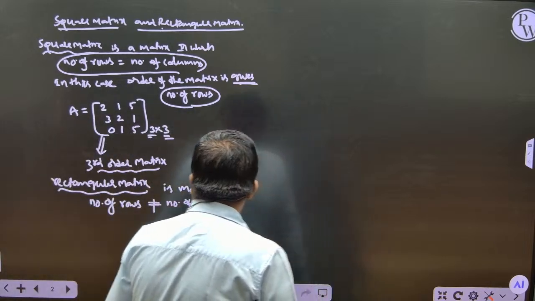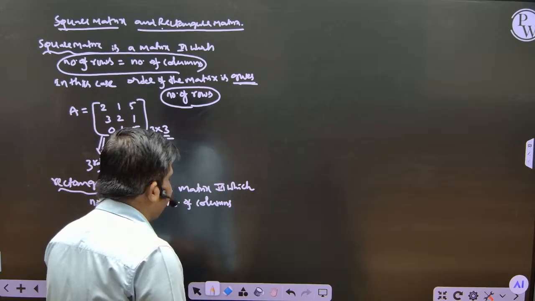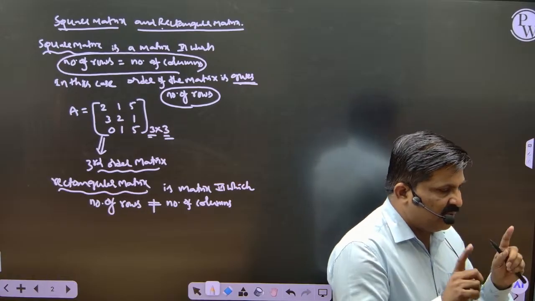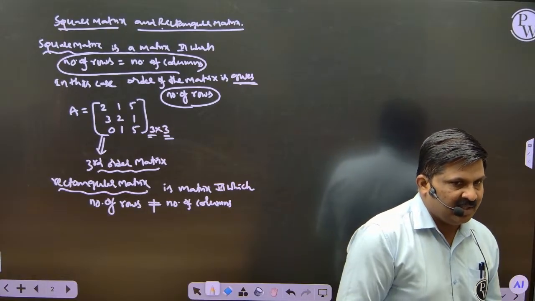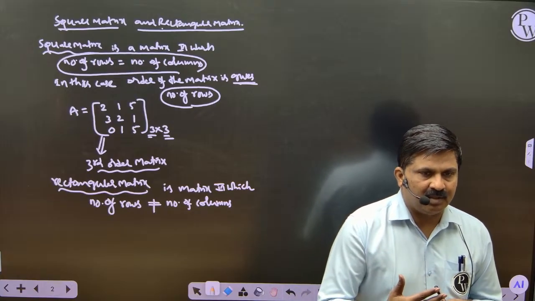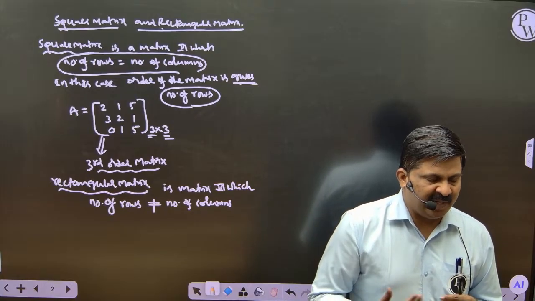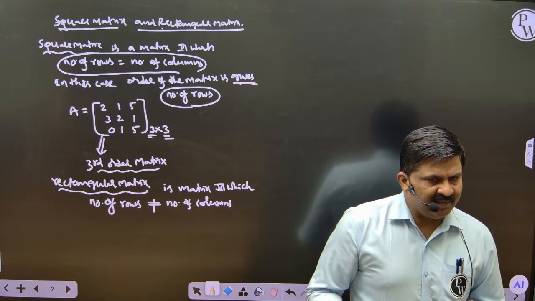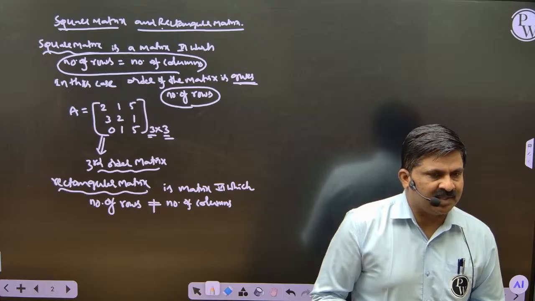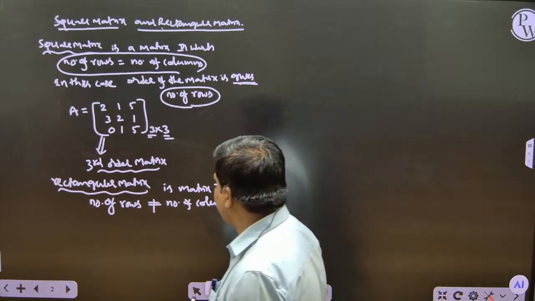Rows and columns are not the same, then the matrix is a rectangular matrix. In general, rectangle means length is not equal to breadth. Similarly here, number of rows not equal to number of columns gives a rectangular matrix.